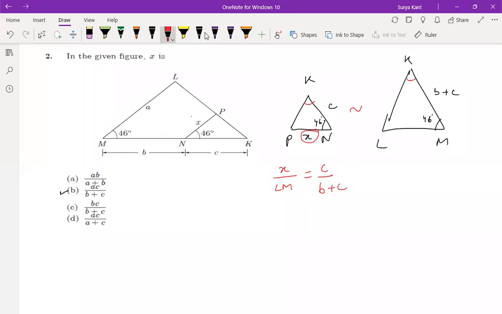Yes, sir. So what can you write for LM? What is LM here? LM is given as A, sir. So X is equal to AC divided by B plus C. Correct.